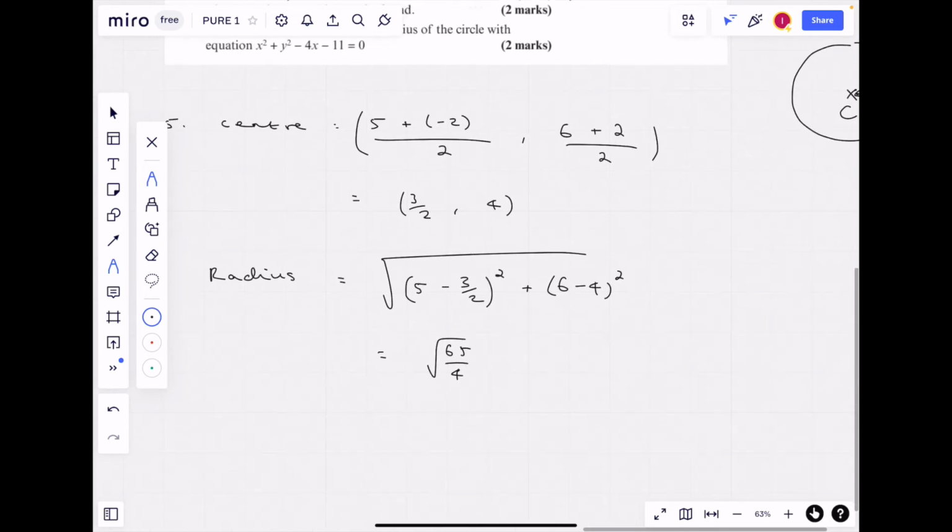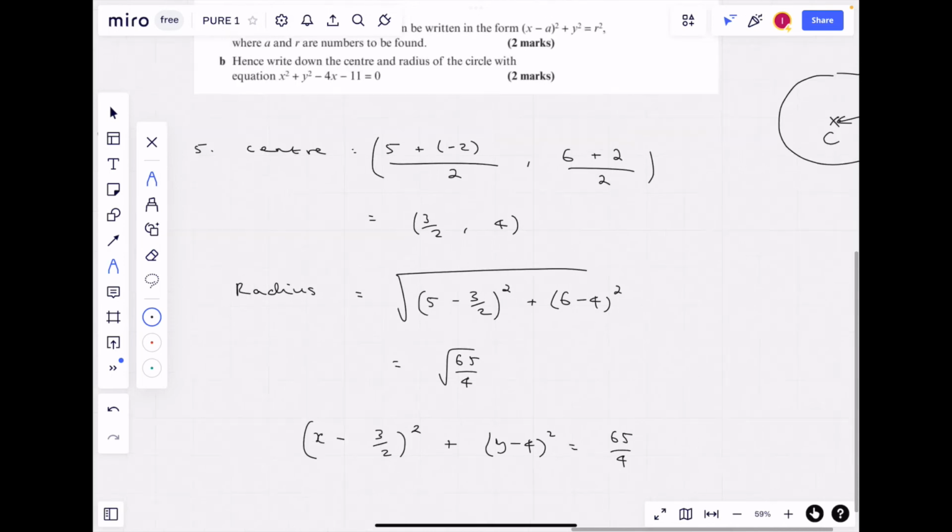So the equation of the circle is x minus 3 over 2 all squared plus y minus 4 all squared equals root 65 over 4 all squared, which is just 65 over 4. There you go. That's the equation of that circle.